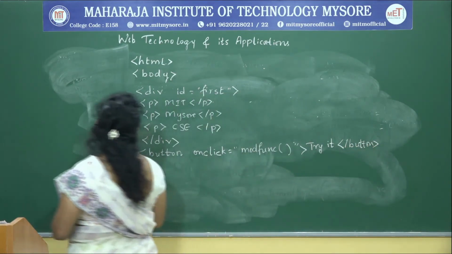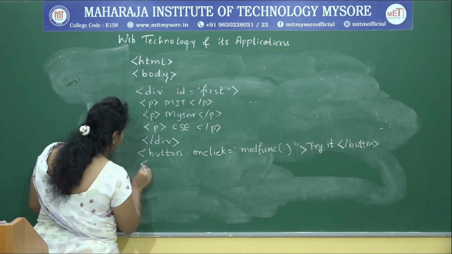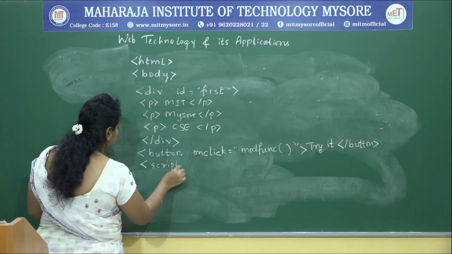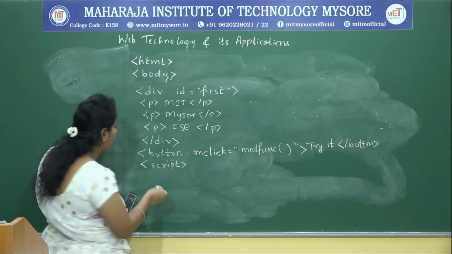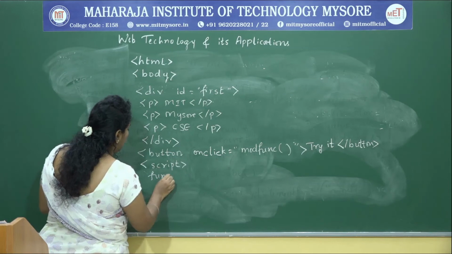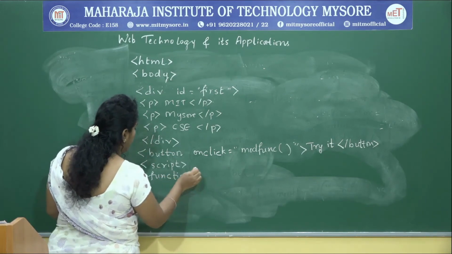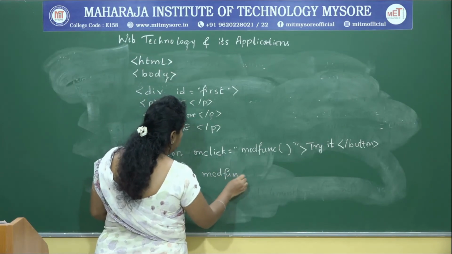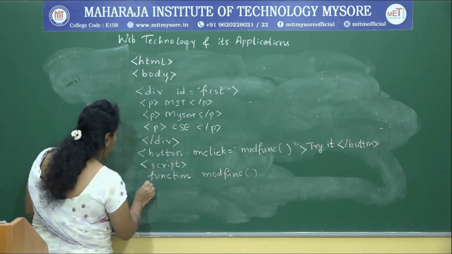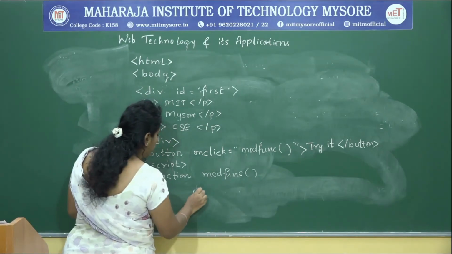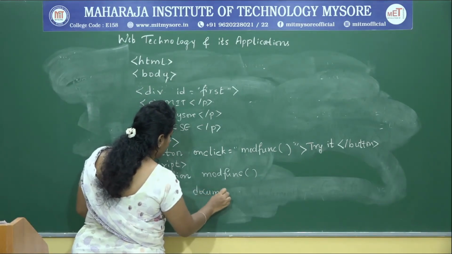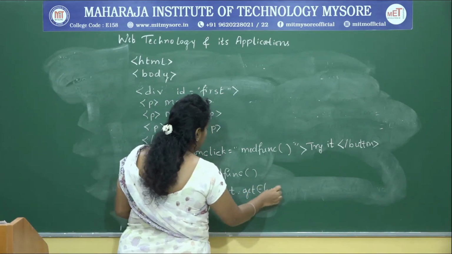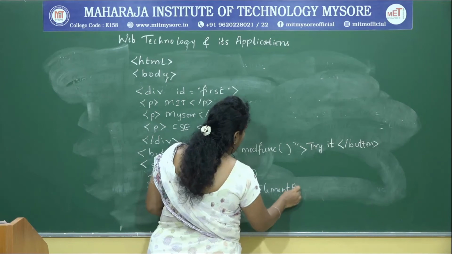Okay. After that, open the script. I have to define the function mod function, right? So, open the script tag. There use the function keyword to define the function and the function name is mod function. Okay. So, document.getElementById.